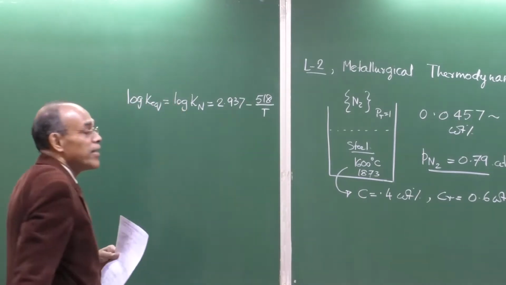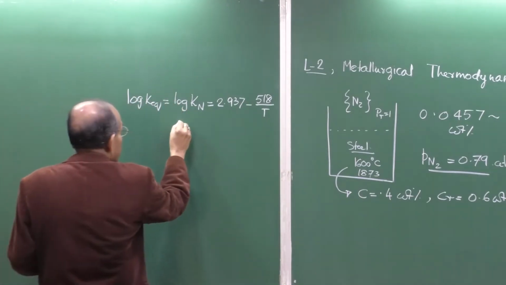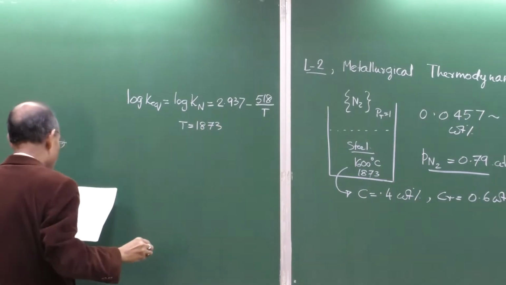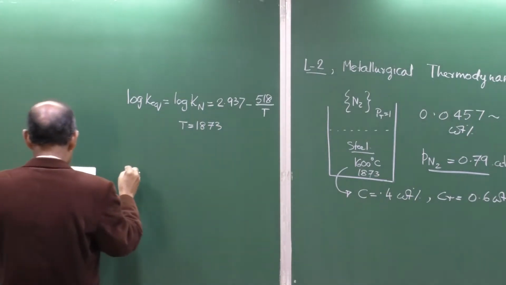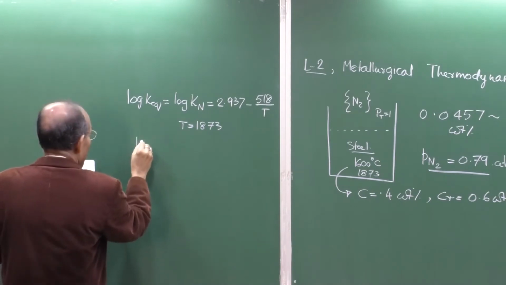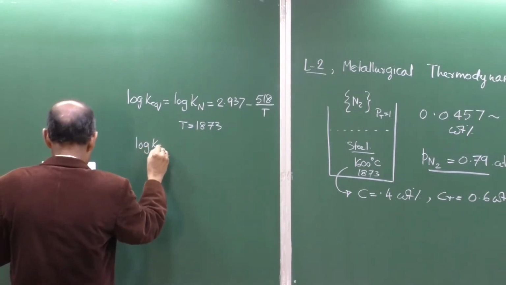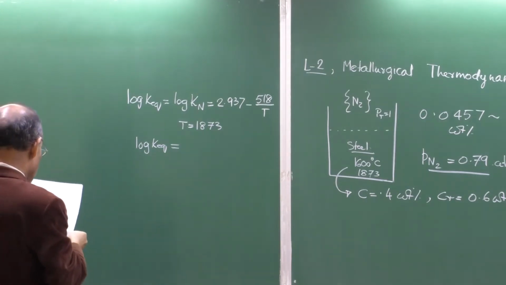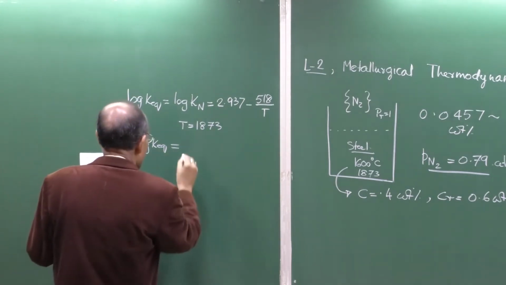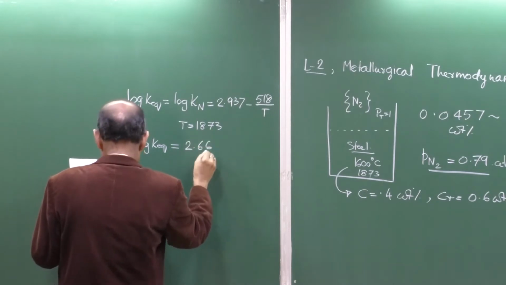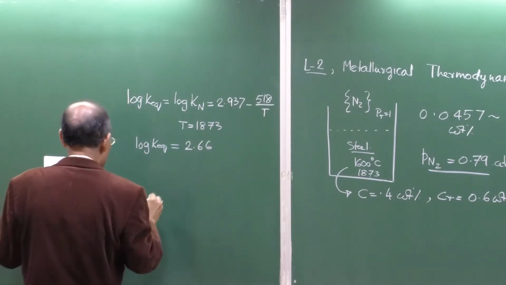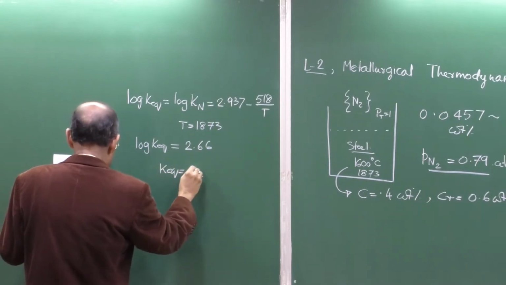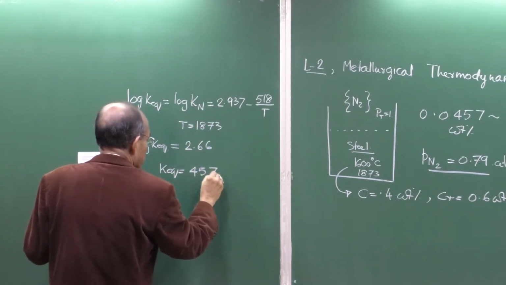If you take T is equal to 1873, you can find out that log K equilibrium will come out to be 2.66, or K equilibrium will come out to be 457.